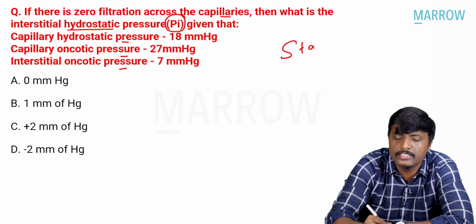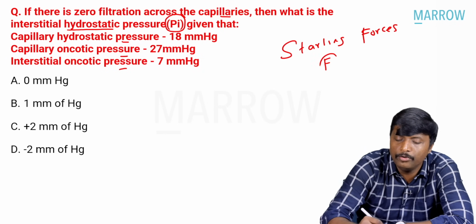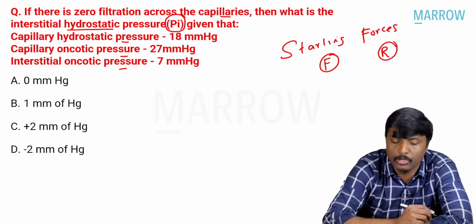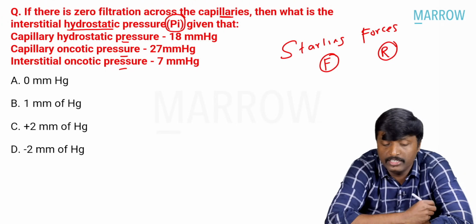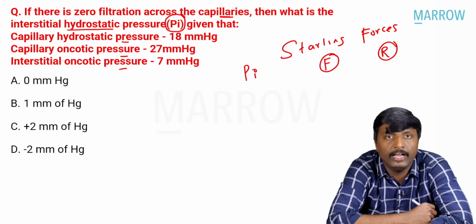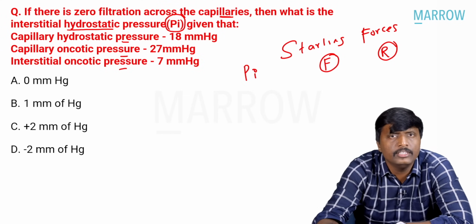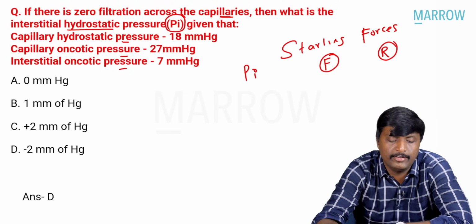This question is about our very well known Starling forces that govern fluid filtration and fluid reabsorption across capillaries. So it is about the Starling forces, and here they are asking to calculate Pi, isn't it? Yes, Pi. The value is definitely -2. We'll come back again. First, let's understand the concept.